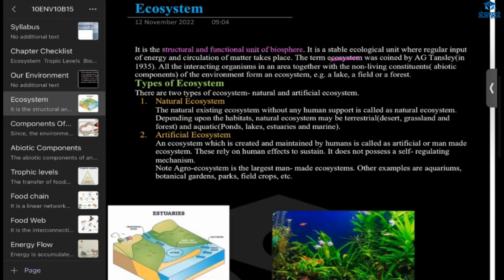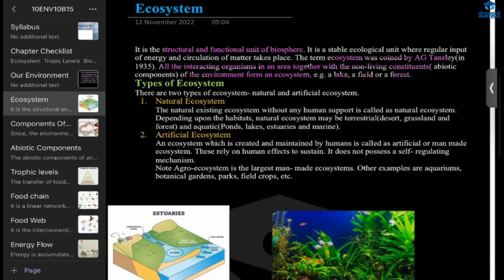And ecosystem was coined by A.G. Tansley. So what is an ecosystem? All the interacting organisms in an area together with the non-living constituents, which are also called abiotic components of the environment, form an ecosystem. Examples: lake, field, forest.